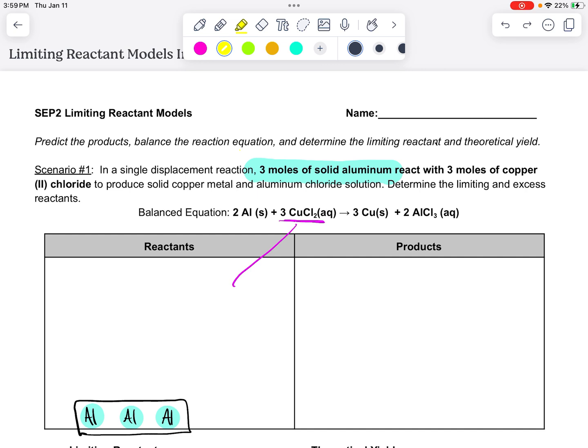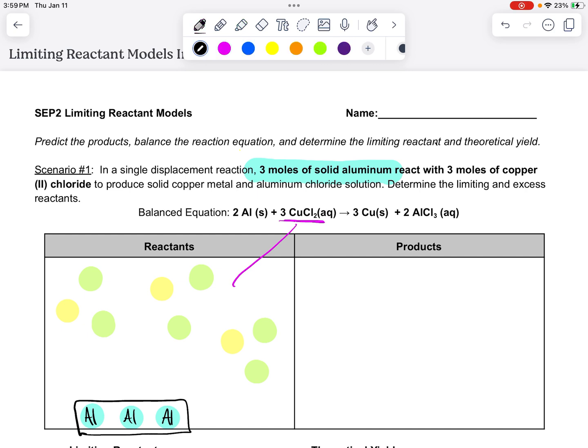So let's do that. 3 coppers, 1, 2, 3. And then we're going to have 6 chlorides, 1, 2, 3, 4, 5, 6. Sorry, I was thinking about the aluminum chloride on the other side.